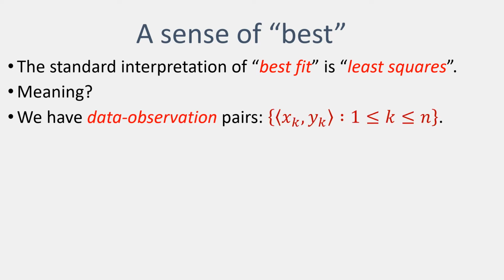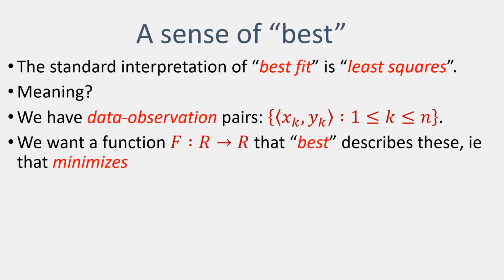Well, go back. We have our set of data and observation pairs here. And what we're looking for is the function over the real numbers that best describes these data observation pairs.